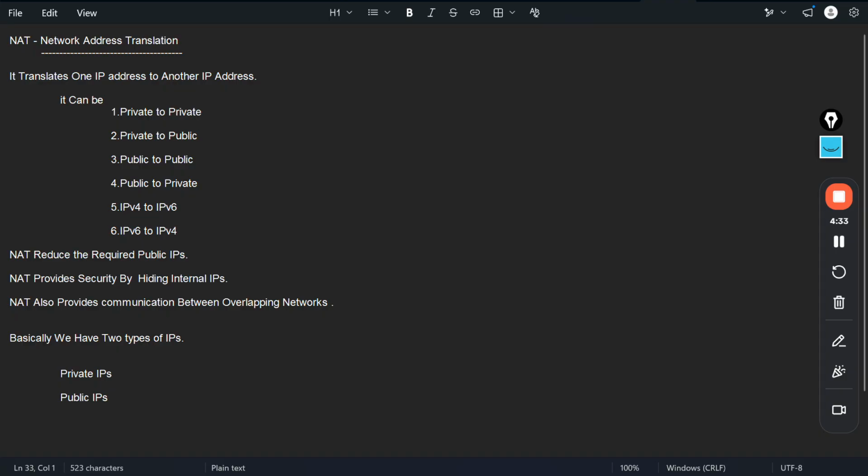Private IPs are used for internal communication, and private IPs are free of cost.